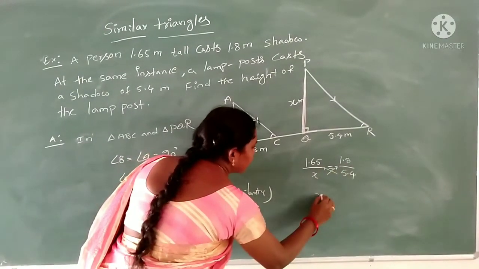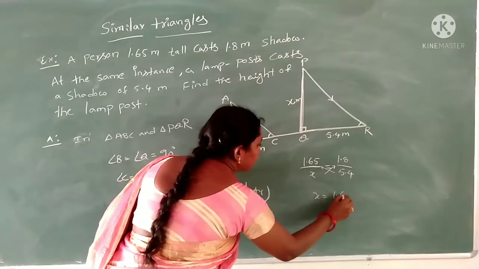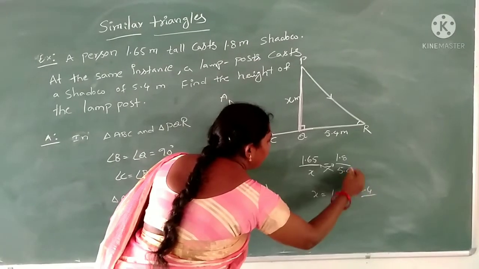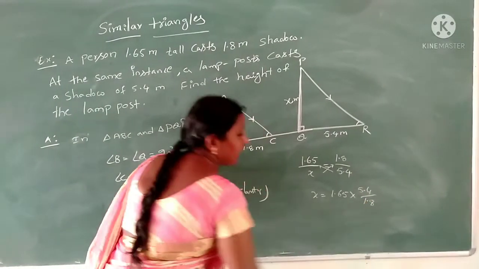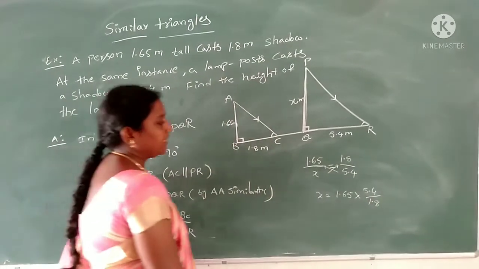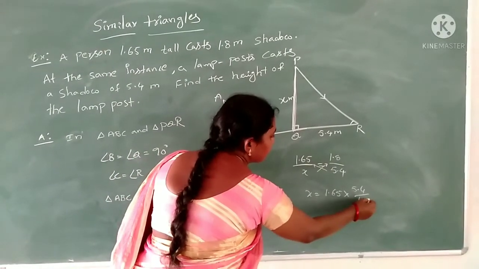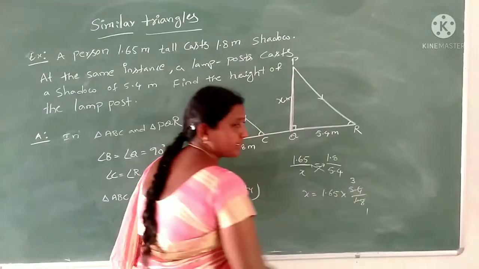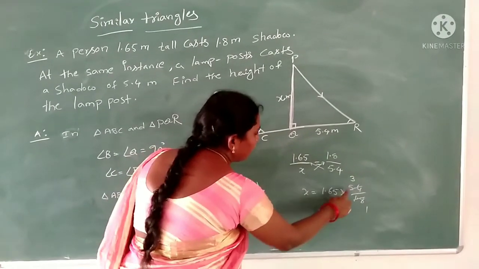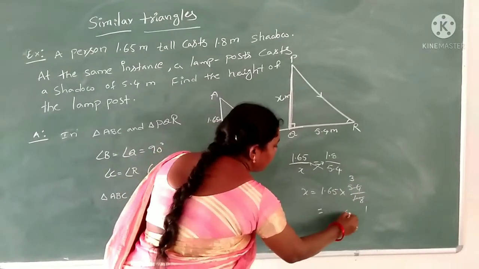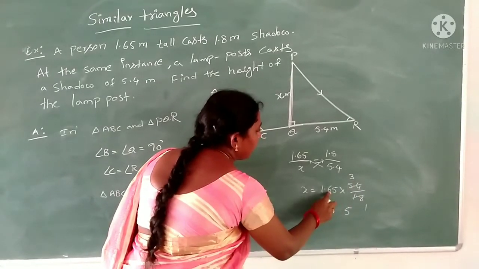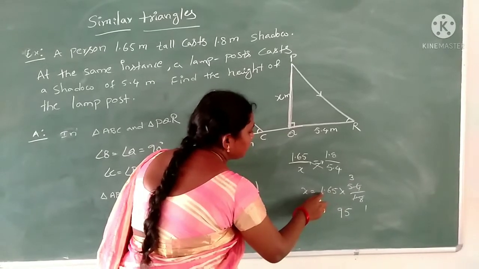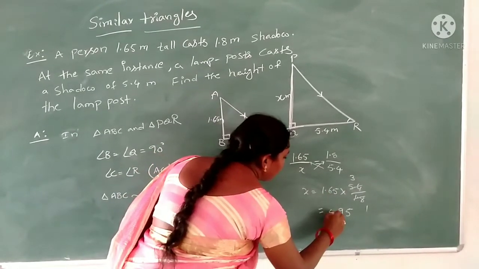So x equals 1.6 into 5.4 by 1.8. Now we cancel 1.8: 1.8 ones, 1.8 threes. So that equals 3 fives 15, 3 sixes 18 plus 1 is 19, 3 ones 3 plus 1 is 4.